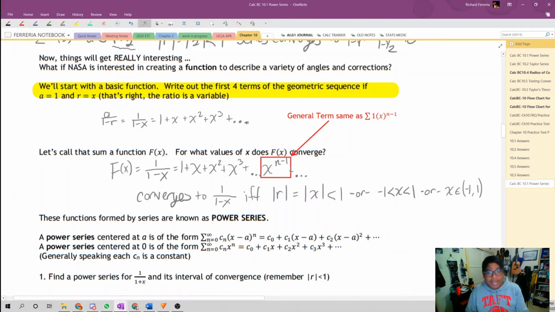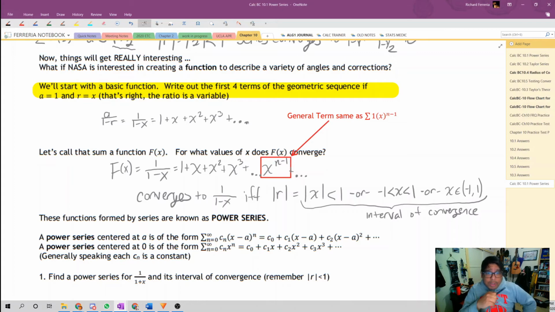Or we can write it in set notation where x is a member of the set of real numbers between negative 1 and 1, open. All three of these notations give us the same set of numbers for which the series is going to converge. Because of that, we call these three things the interval of convergence.